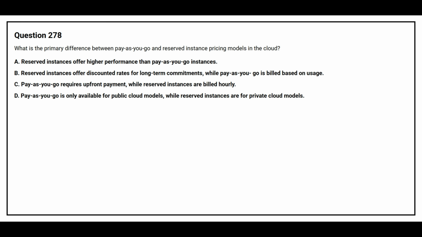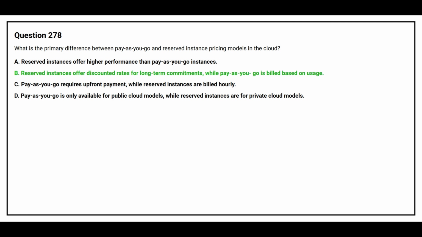Option C, pay-as-you-go requires upfront payment, while reserved instances are billed hourly. Option D, pay-as-you-go is only available for public cloud models, while reserved instances are for private cloud models. The correct answer is option B.